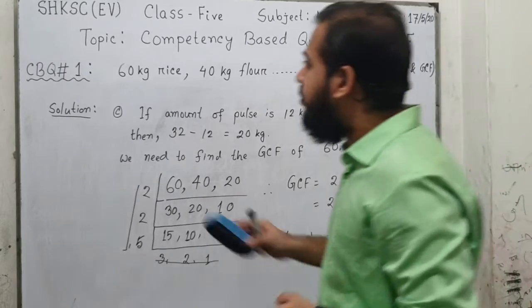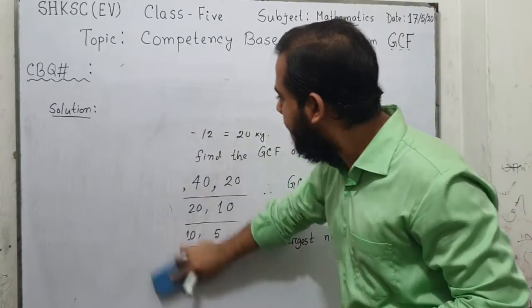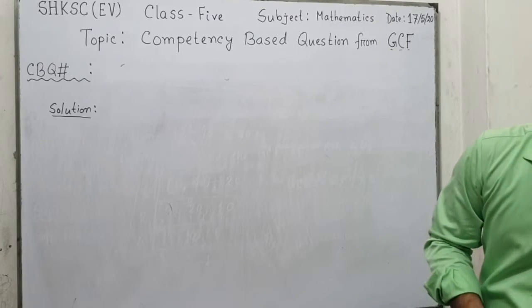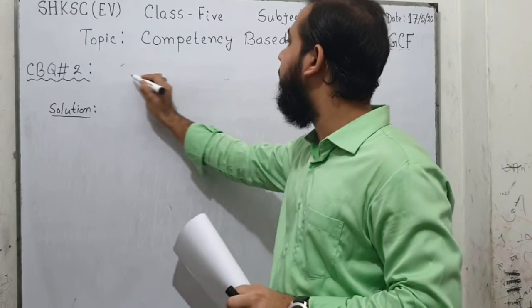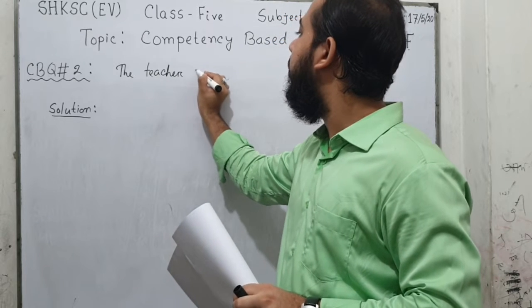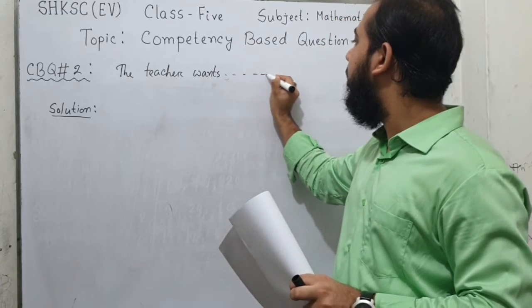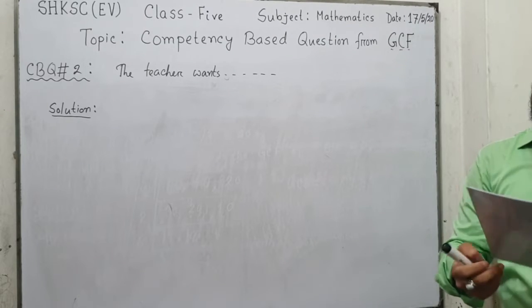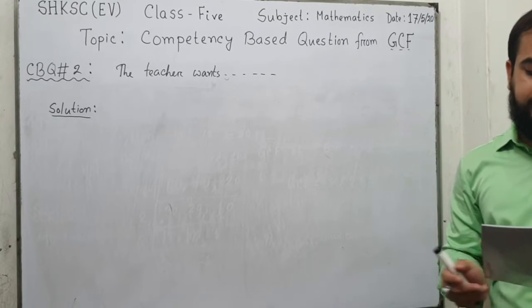So what is question number 2 here? The teacher wants to divide 24 bananas, 42 biscuits and 54 chocolates equally among the students.